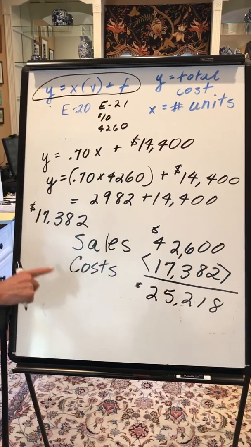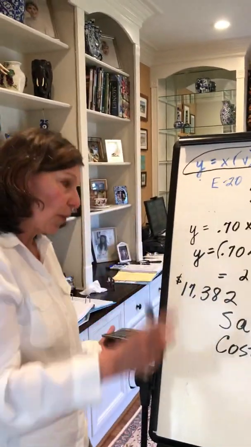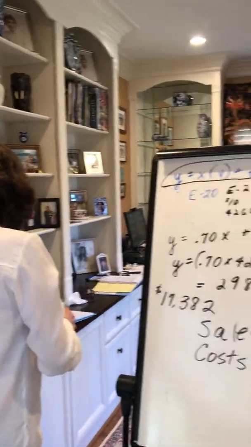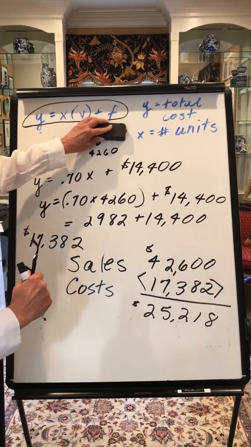So this is our traditional way of looking at costs. So one last piece of today's presentation, contribution margin. So let me erase a couple things here so I can write that here.